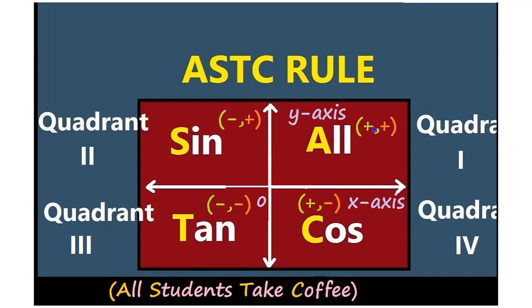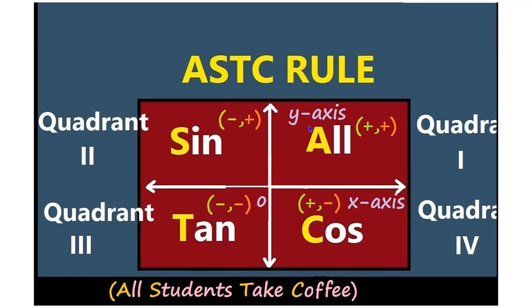Here both coordinates are positive, so sin is positive in the first quadrant. Wherever the point is on the circle in the first quadrant, sin is positive and cos is also positive. Tan is defined as sin x by cos x, and positive divided by positive is positive. The other three trigonometric functions are reciprocals of these. Therefore all the trigonometric functions are positive in the first quadrant.